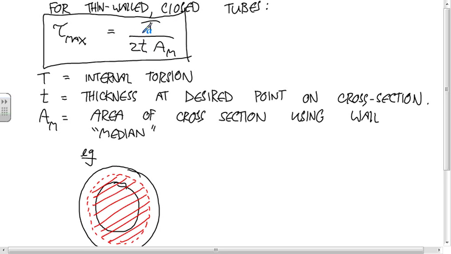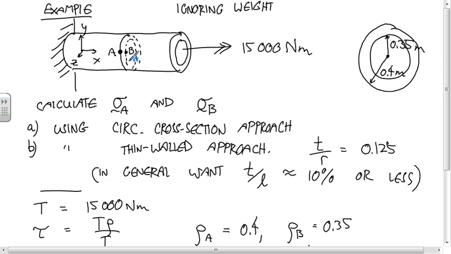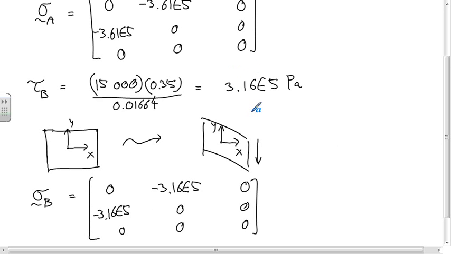There's a thickness here, but both of these points A and B are on the same part of the wall, so that T value is going to be the same for A and B. So when we use the thin-walled approach, we're going to approximate this case where we have different stress values on the inside and the outside by kind of an average of those two. So that's one reason why the thinner the wall is, the better your approximation is. As that wall got thinner, these two values would start to approach each other.